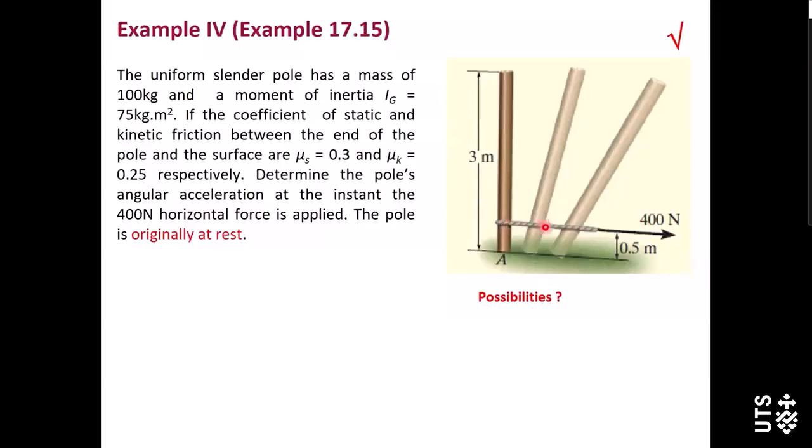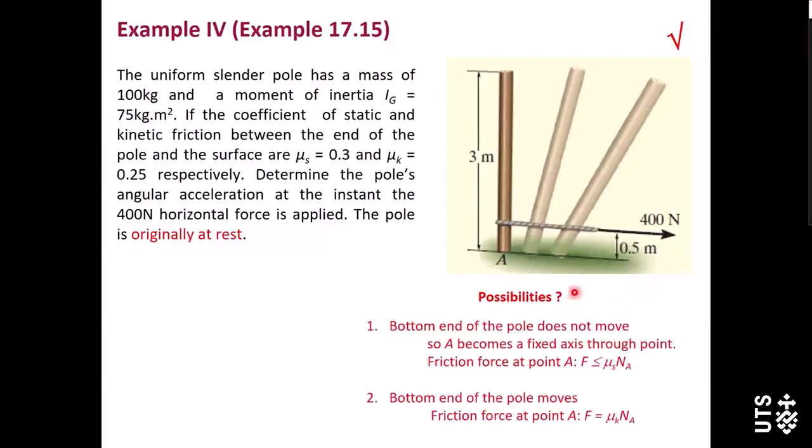Actually, there will be two possibilities. The first possibility: when the friction force between this rod and the ground is very high, you have an external force applied at this point. What may happen?